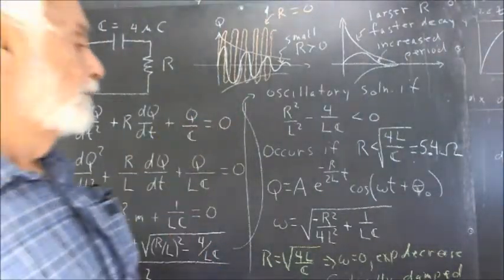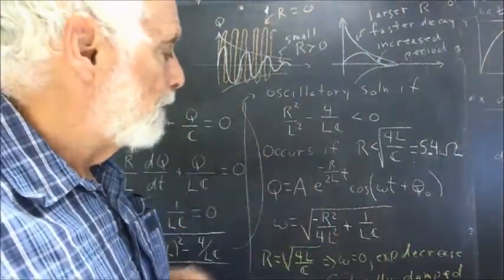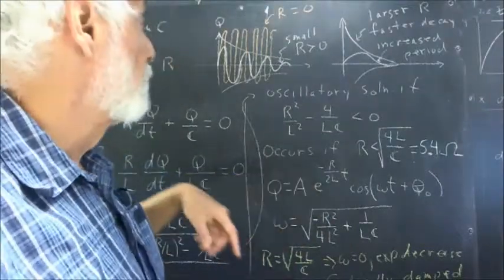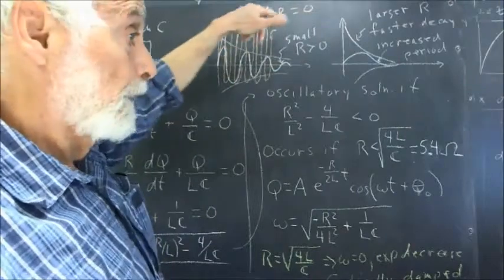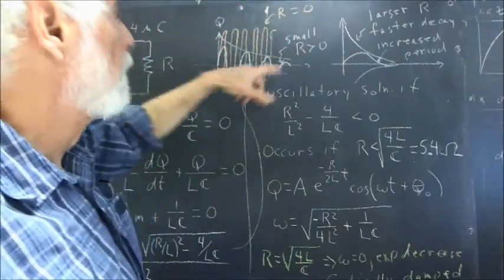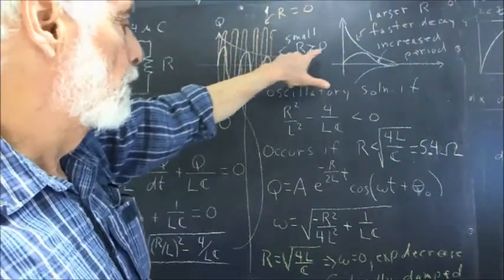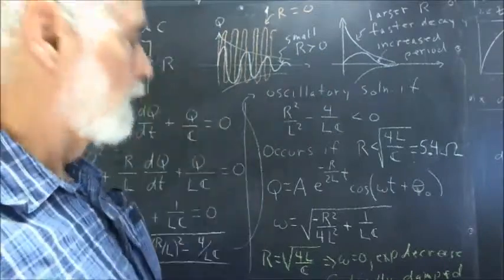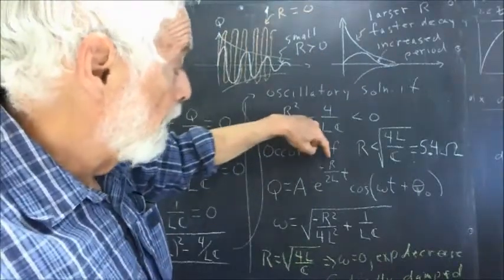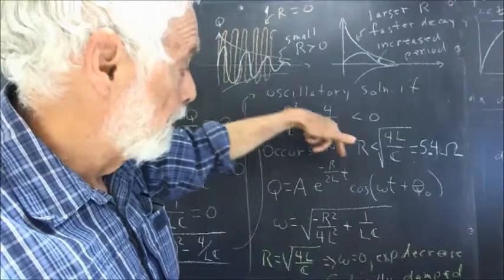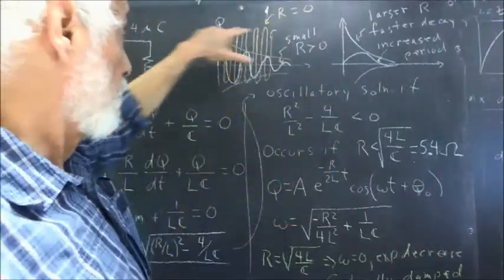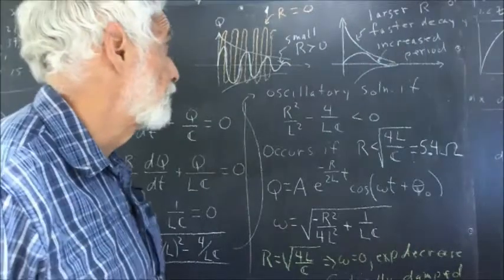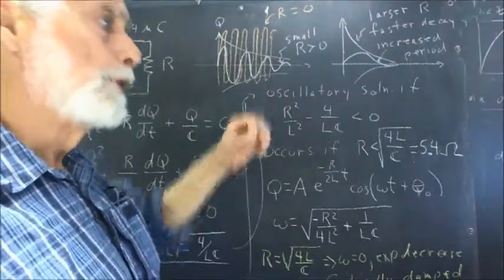Now, if R increases a little bit, okay, so we have R equals 0, that gives us our orange curve. I'll back up: if R is 0, of course, this e to the negative R over 2L t is e to the 0, which is 1. And again, that just gives us our oscillatory solution.